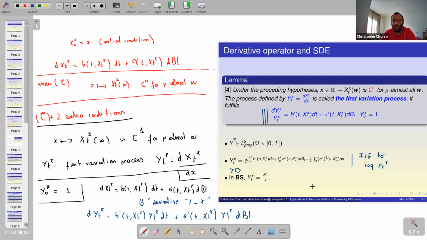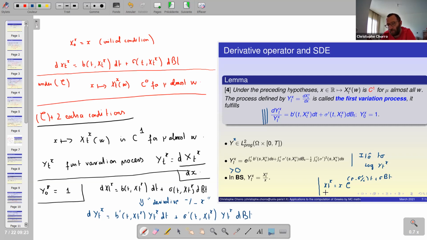So keep in mind that if I am in the case of the Black-Scholes model, I know that X_t of small x is given by x exponential, so I am under Q, so it is (r minus sigma squared over 2) t plus sigma B_t. And here I see clearly, without using any type of theorem, that the dependence of the solution in small x is of course C1, it is of class C infinity.